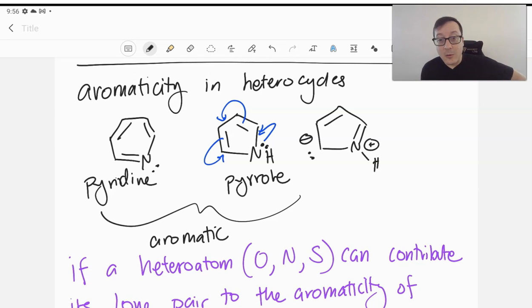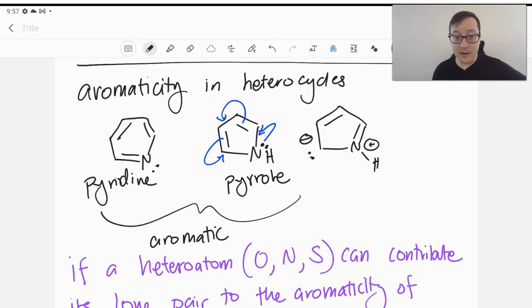We see here that now we have very clearly shown that this is very much the same as the cyclopentadienyl anion. We have a negative charge on a lone pair that can rehybridize to make a p orbital. That lone pair on the nitrogen can also rehybridize. Even though that nitrogen should be sp3, it can rehybridize itself to sp2 to put its lone pair in a p orbital to allow it to resonate and overlap with the rest of the molecule. And as a result, it's going to be aromatic, even so.